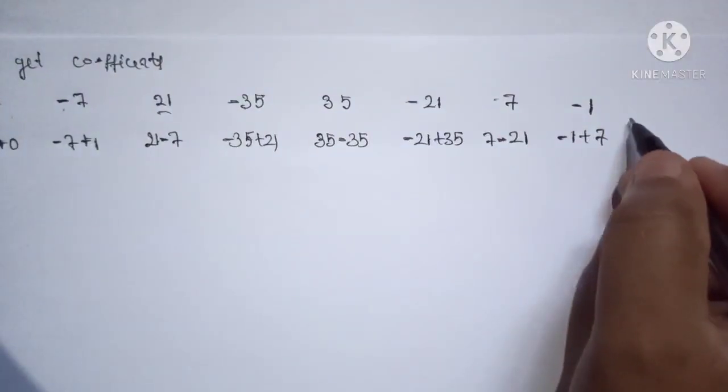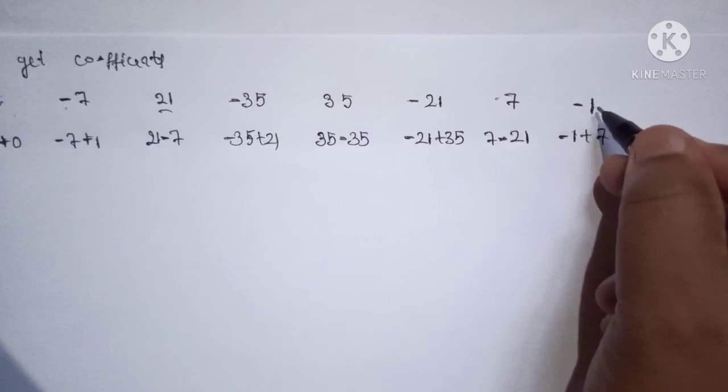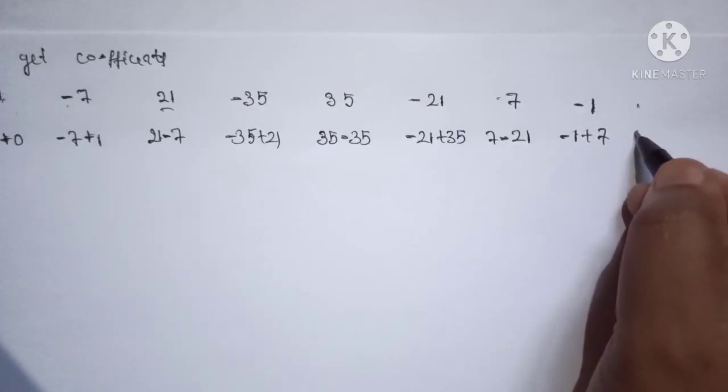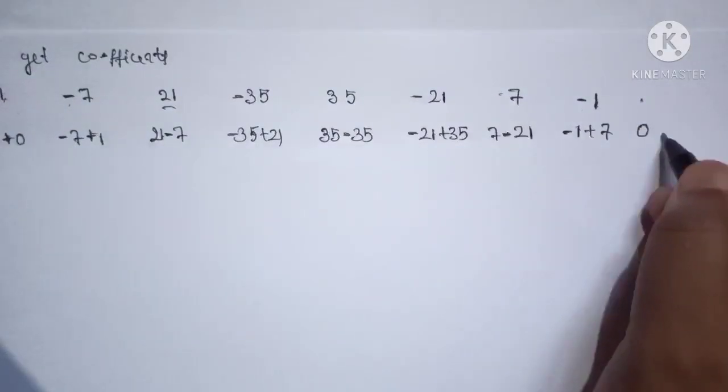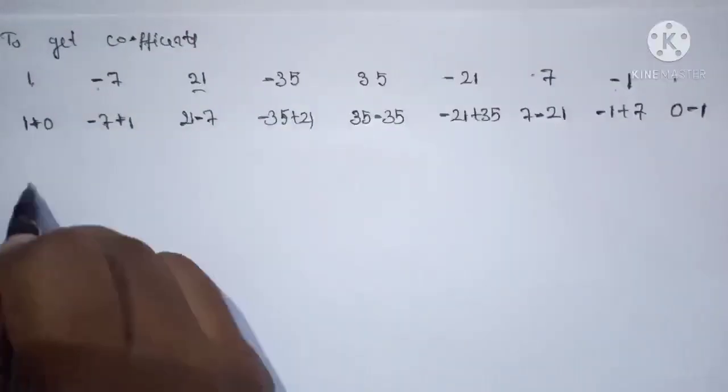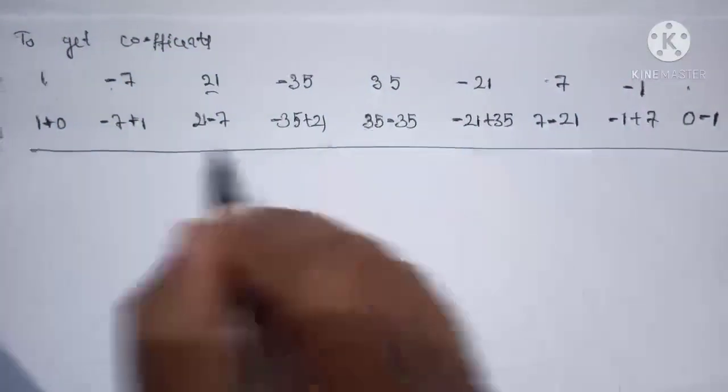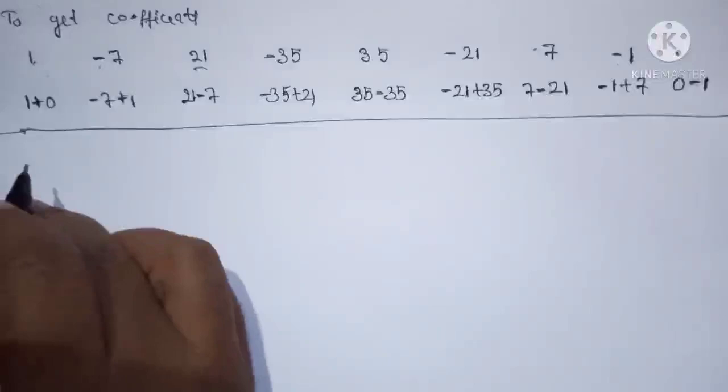Next, there is no corresponding term, therefore we take 0, and the previous one is minus 1. Now simplify all of these and we will get the constants in the first step.